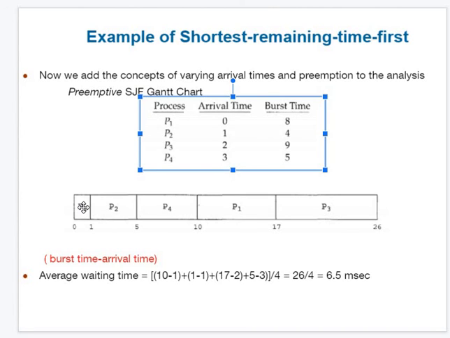Since there is no other comparison, the comparison starts at the next time. Right now, at the 0th second, there is no other comparison, so I will allocate P1.